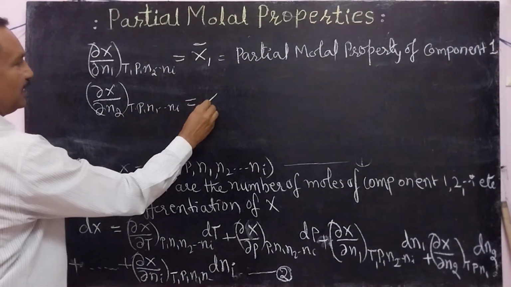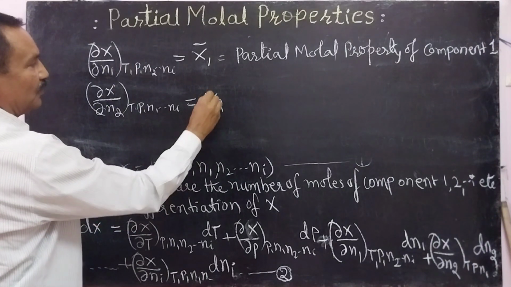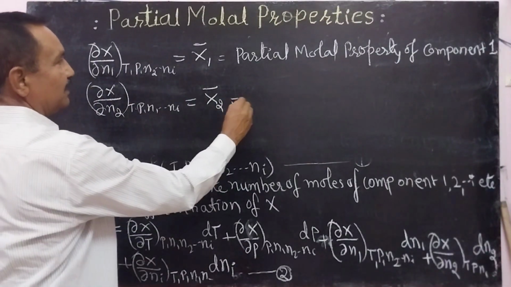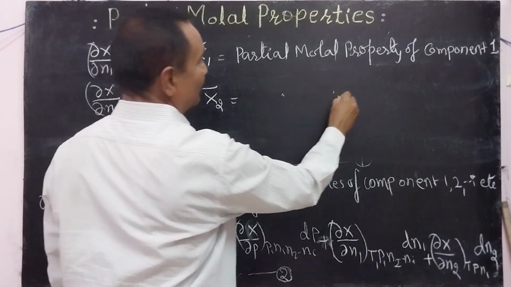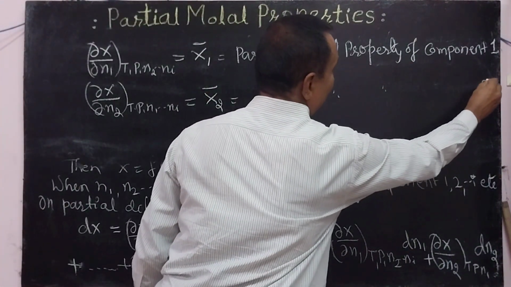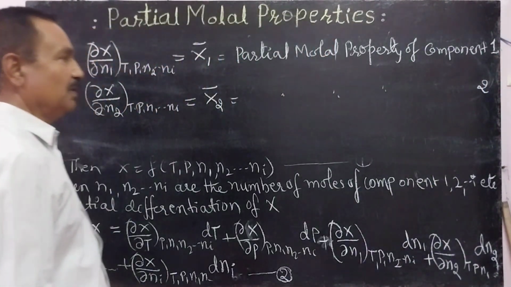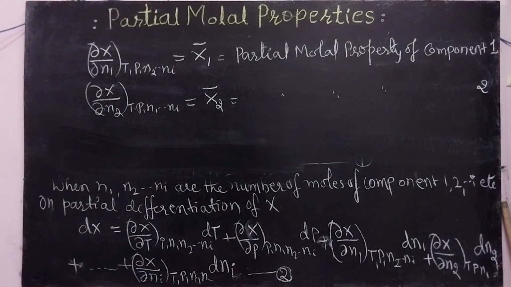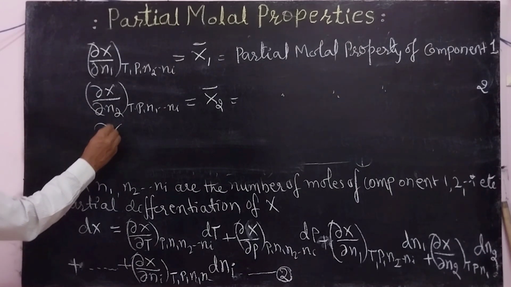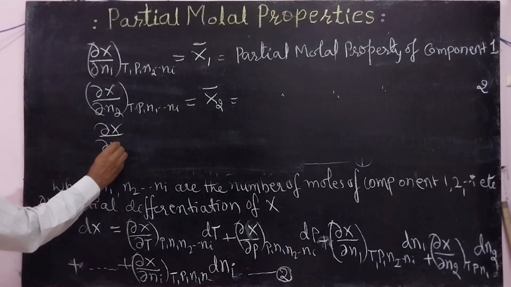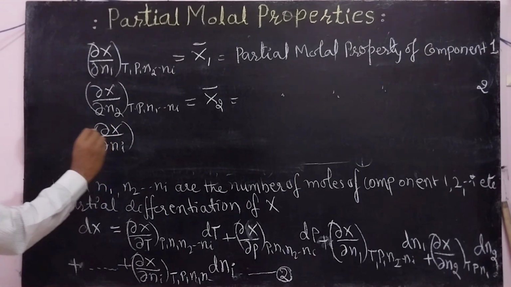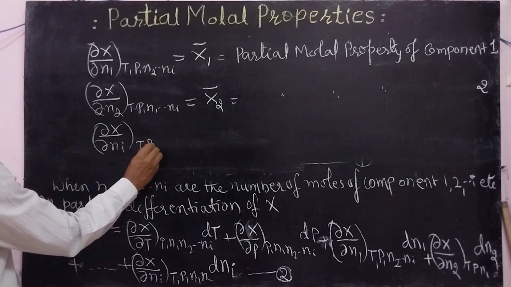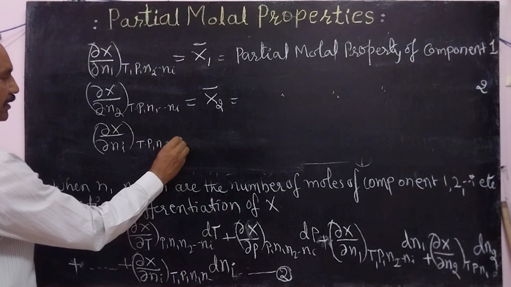This is represented as X2 bar, the partial molar property of component 2. Thus, generally, we can write for the ith component, dou X divided by dou Ni at constant temperature, pressure, N1, N2.